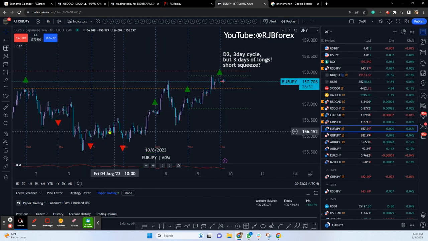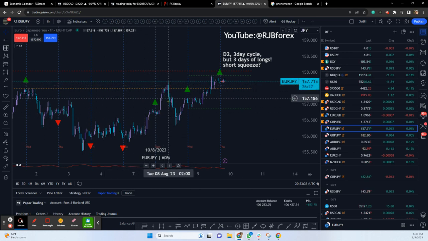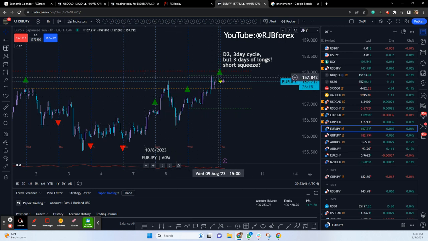Now euro yen, we've got 1, 2, 3 higher closes, so 3 days of longs in the market. That is enough to presume that we're going to have a correction.